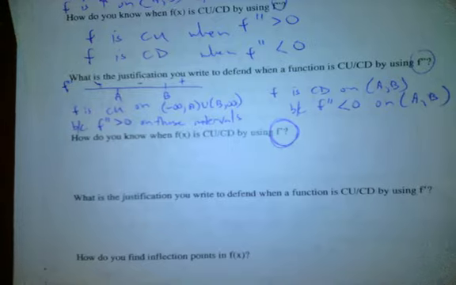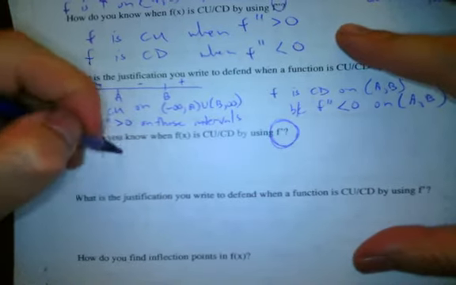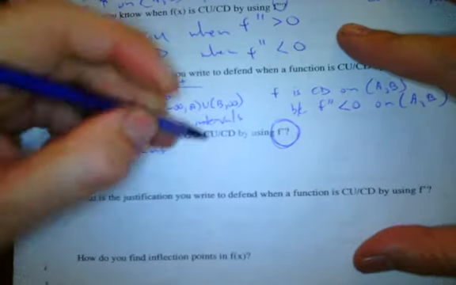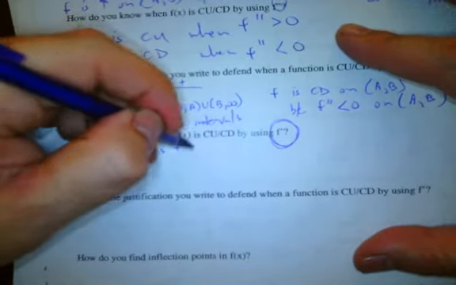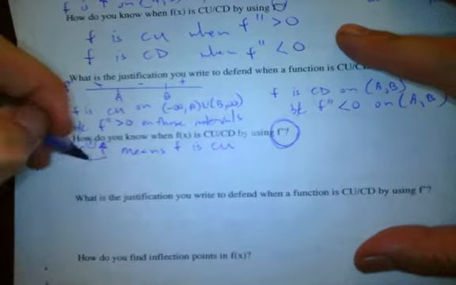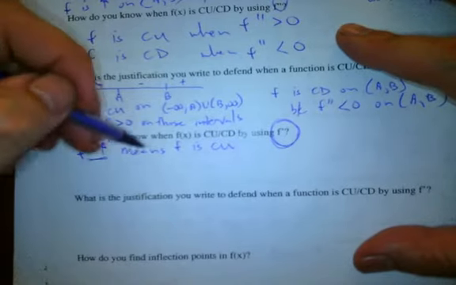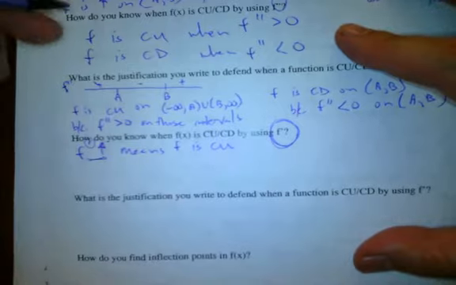Well, f prime would have to have positive slopes in order for f double prime to be positive. And if f prime has positive slopes, we would say f prime increasing means f is concave up.